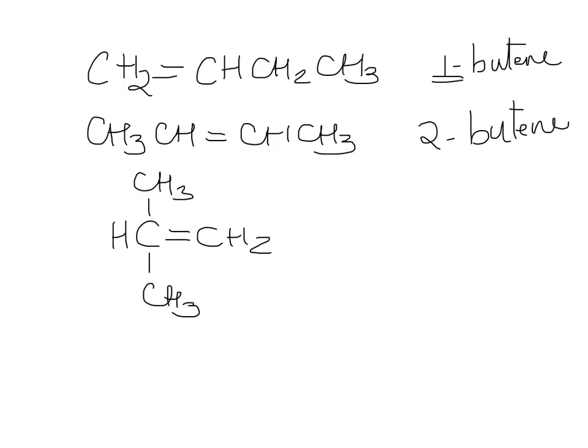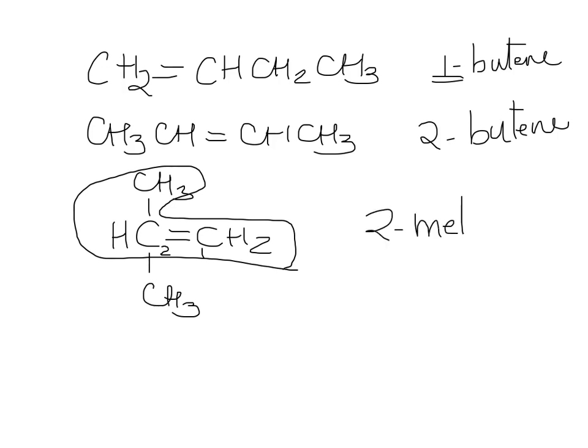This would be my longest chain, propene, and this position is 2, this position is 1, so 2-methylpropene. Take a minute, pause this video and try to draw all these three structures of C4H8. Now we would think that these three are isomers of butene, which is fine.